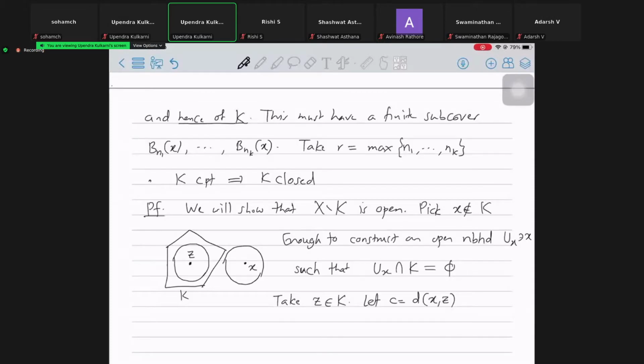And just to not give false impressions, this set K may very well be like that. All I care is that the circle around X and the circle around Z avoid each other. We will see very shortly why this is useful. But can I do that?